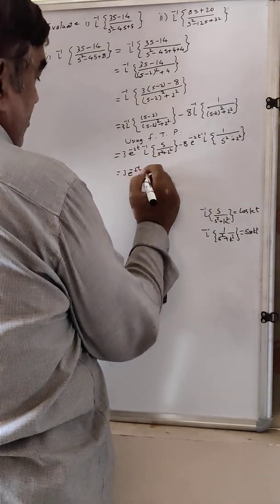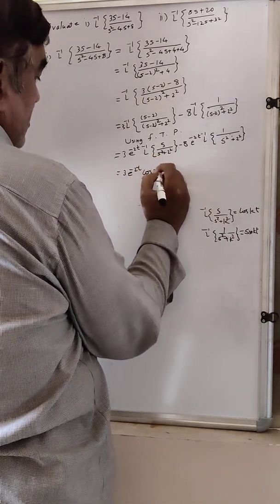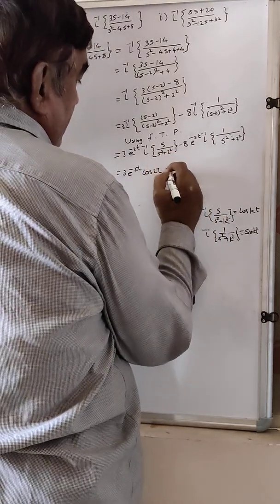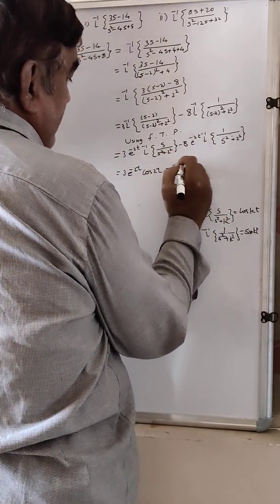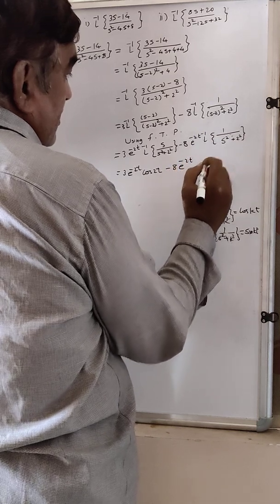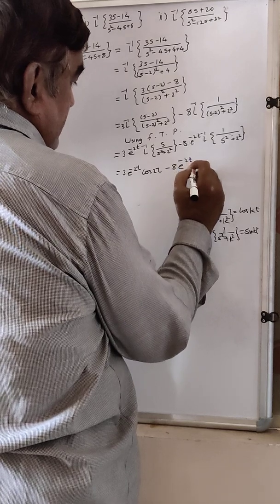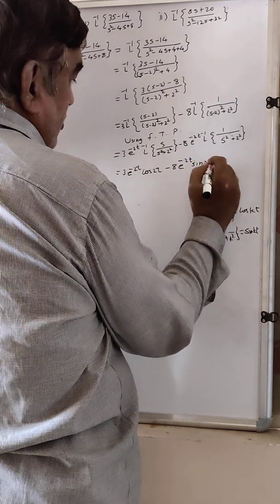Therefore here cos 2t, minus 8 e raised to 2t Laplace inverse of 1 upon s square plus 2 square, that is sin 2t.